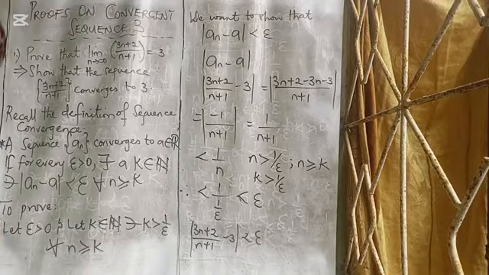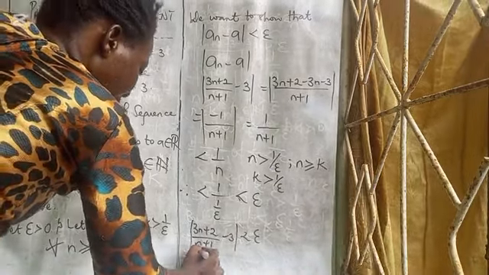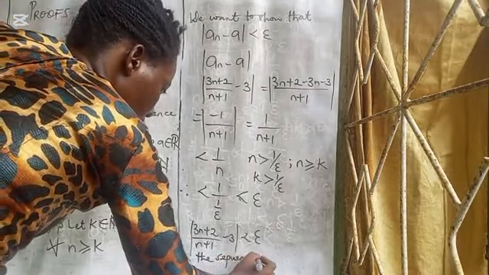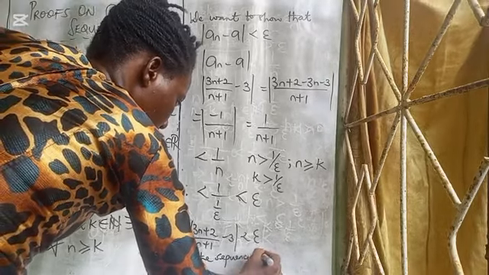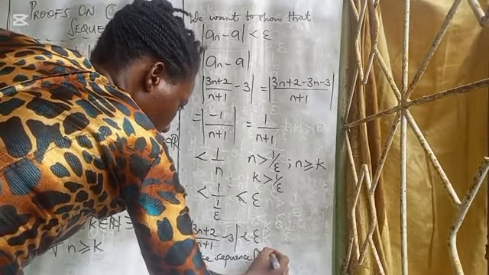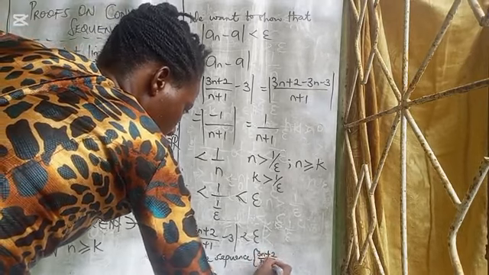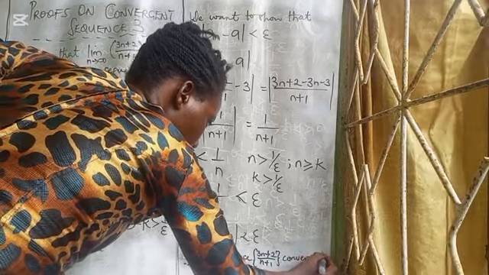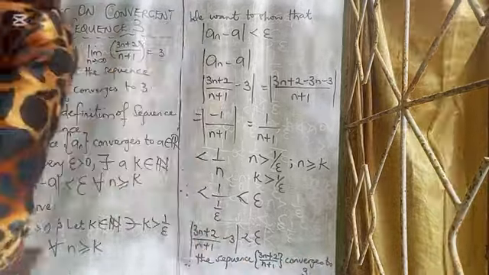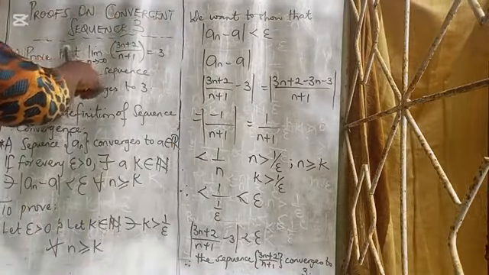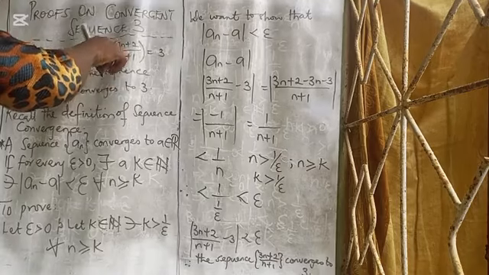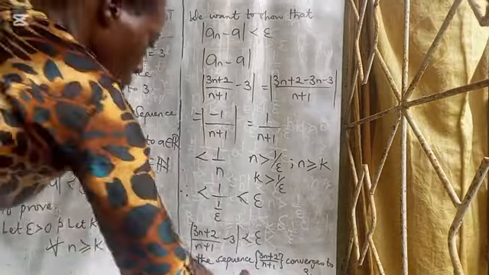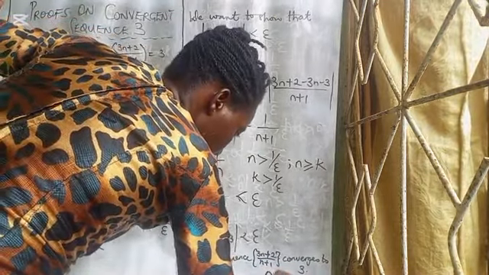And if that is true, it means therefore that the sequence (3n plus 2 over n plus 1) converges to 3. And so this limit as n tends to infinity of 3n plus 2 over n plus 1 is equal to 3. And that is the proof.